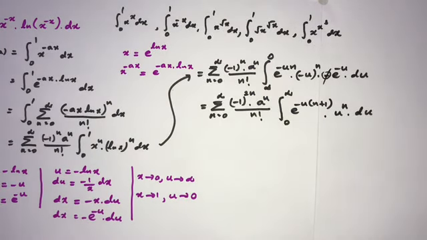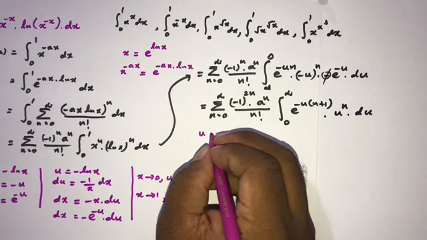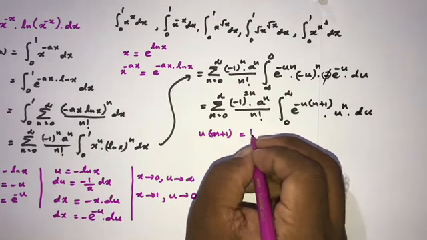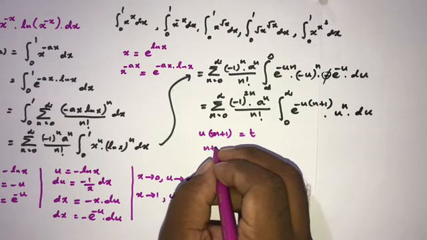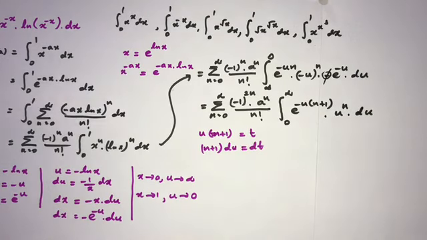Okay, then again we can take a substitution. If we take u times n plus 1 equal to t, then differentiating, n plus 1 du is equal to dt.